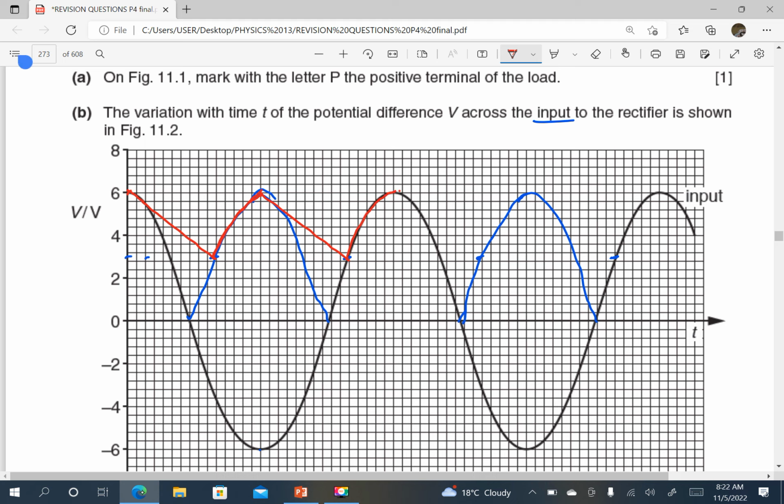I will just draw some kind of line to show discharge. Instead of the voltage falling to 0, the capacitor is going to be discharging and maintain the voltage at a high value not less than 3 volts. So this is what I wanted to do.